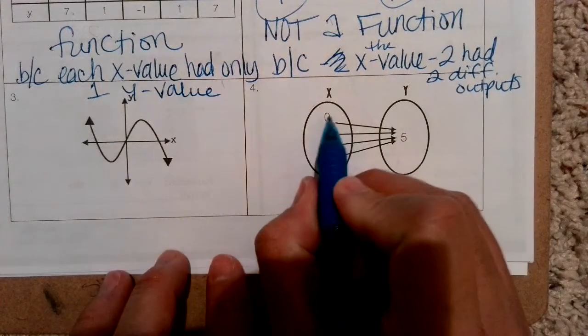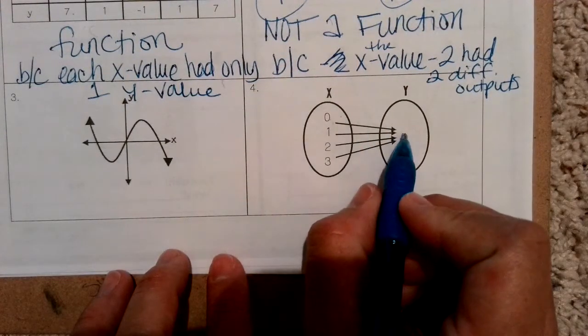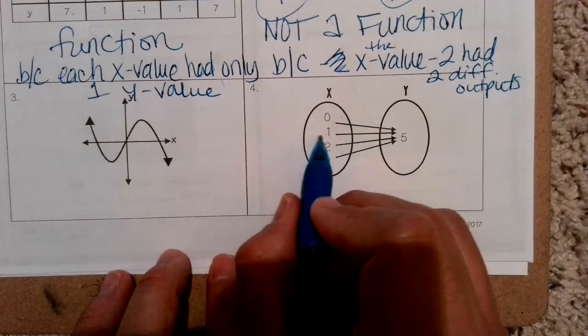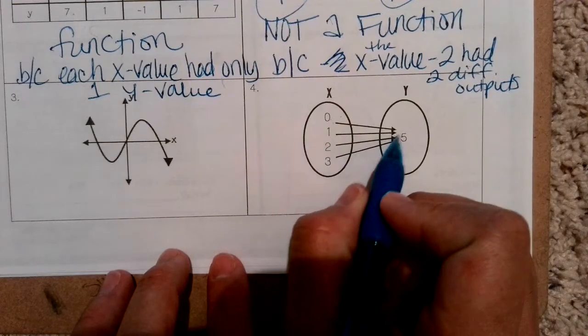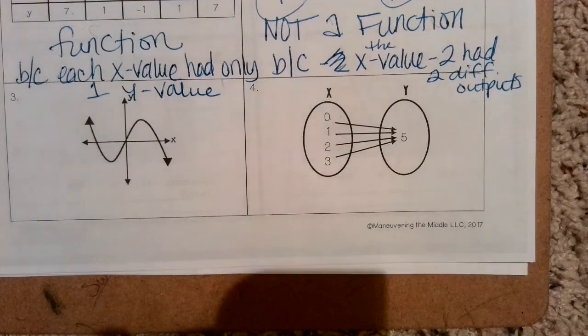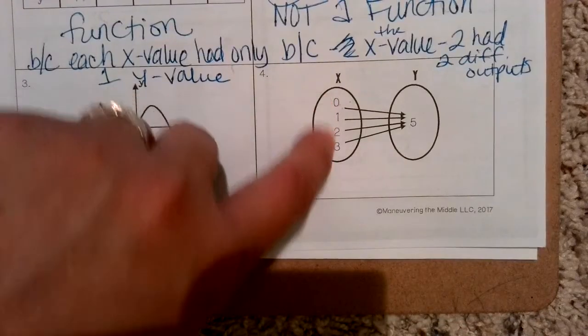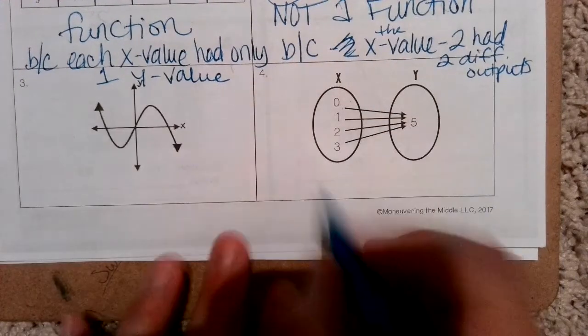So we have 0 as an x. Does it only have one y value? It does. Does 1 only have one y value? It does. Does 2 only have one y value? Yes. Does 3? Yes. If this was in a table, we would notice all our x's are different and they all only have one y value. So yes, this is a function.